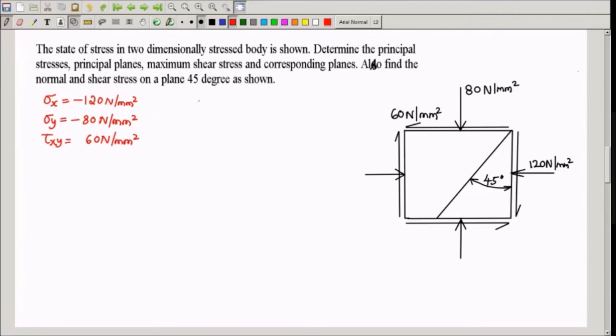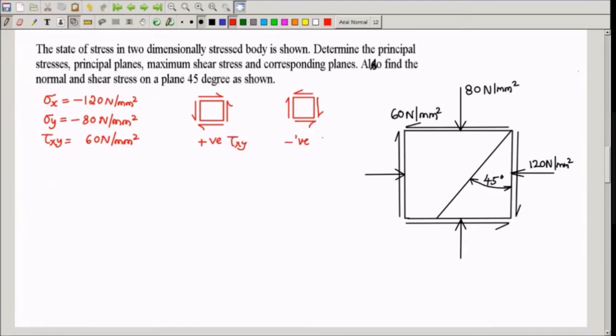There are only two possibilities for tau xy. One is opposite vertical faces forming a counterclockwise couple, but it cannot exist only like this. There will be complementary shear also like this. This is called positive tau xy. And the other possibility is the opposite of this, where opposite vertical faces will have a clockwise couple like this, and for balancing couple you will have shear stresses like this.